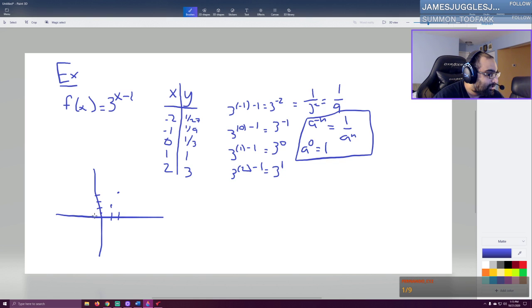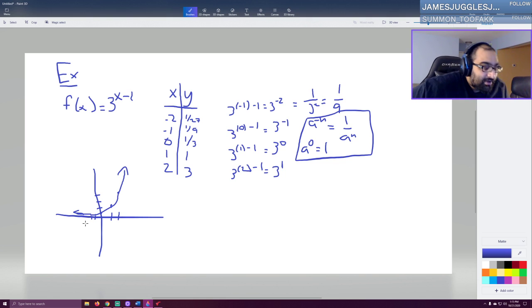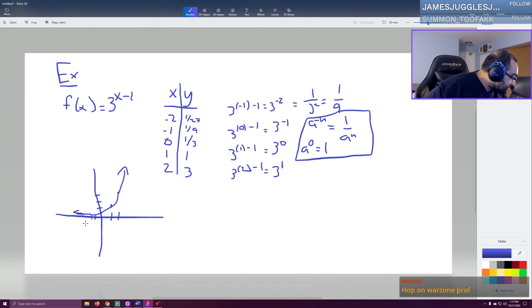All right, negative 1 comma 1/9, so here and here. So again, it's a little bit difficult with -1, -2, but if you graph this, what does this look like here? This looks something akin to this. Okay, so here's an example of an exponential function. So this is a way we can make a table of writing things in exponential function.